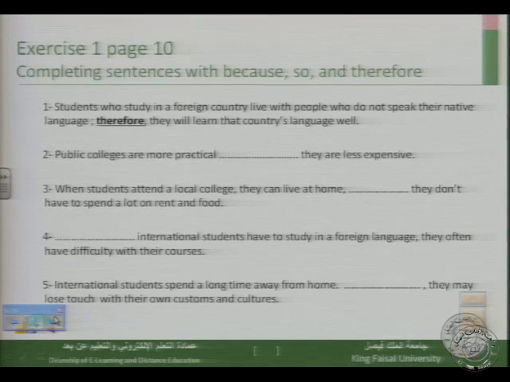Exercise 1, page 10. Here we have completing sentences with because, so, and therefore. Number 1 is done for you. Students who study in a foreign country live with people who do not speak their native language; therefore, they will learn that country's language well.